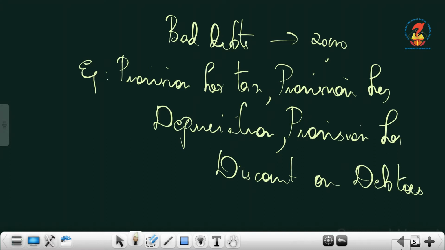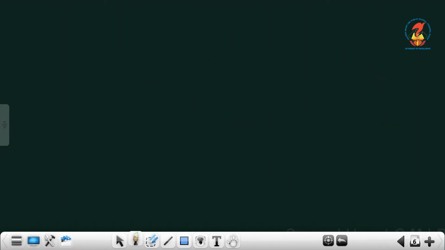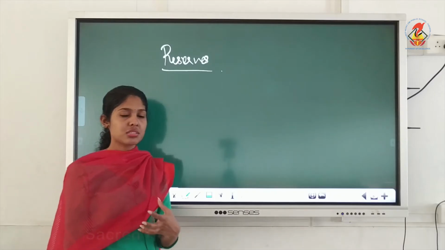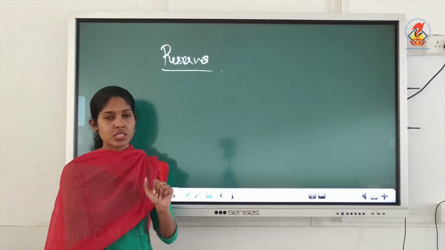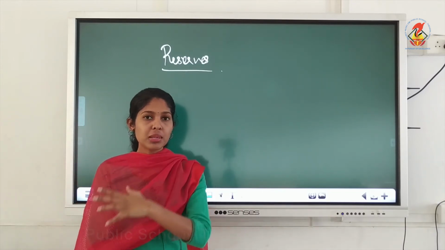Okay. Next one is the second term which we need to study in this chapter, reserves. Only the meaning you need to learn, no need to go into detail like advantages, disadvantages. You can just read, that is enough. Reserves is also similar to provision.